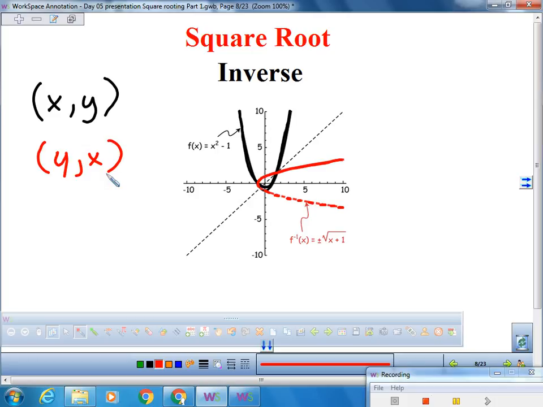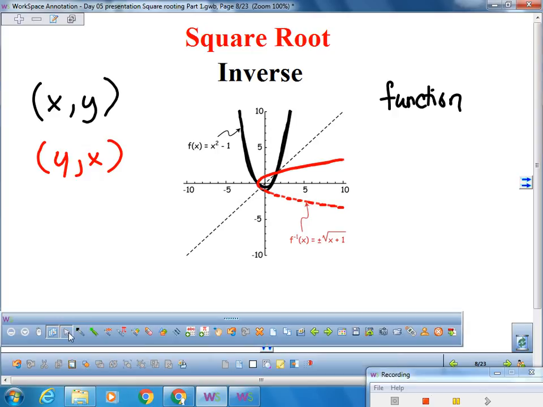Okay? Now, can anybody tell me why this is dotted right here? Why in the world would this be dotted? I can give you a clue. More than that, this is a square root function. Nobody?